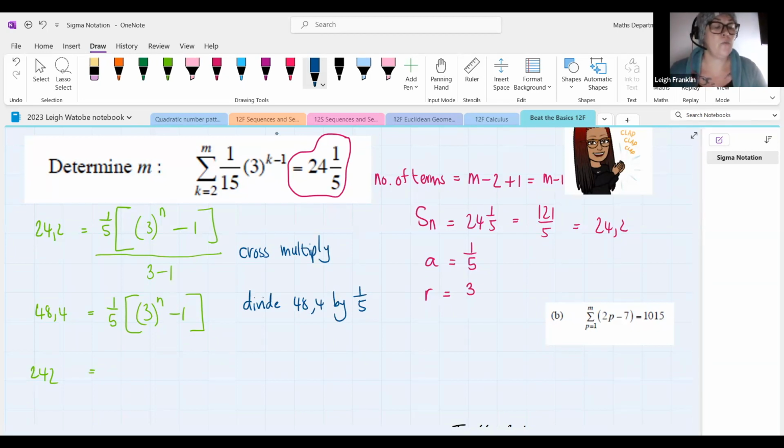All right, so if you divide 48.4 by 1 over 5, you should get 242. This is going to leave you on the right-hand side with 3 to the n minus 1.